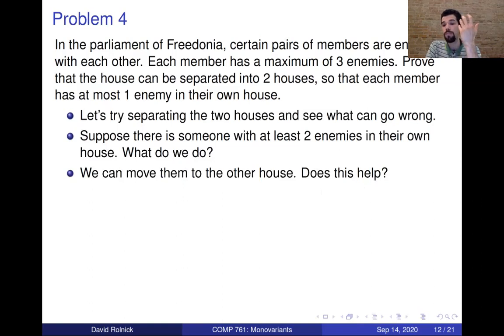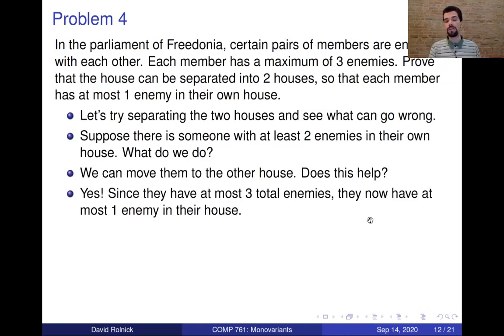So the problem could be you have 2 in the other house as well. But you couldn't, right? If you started out with at least 2 enemies in house 1, and you went to house 2 and there were 2 more enemies there, then you would have at least 4 enemies, and they have a maximum of 3. So that particular person is helped, for the moment at least.